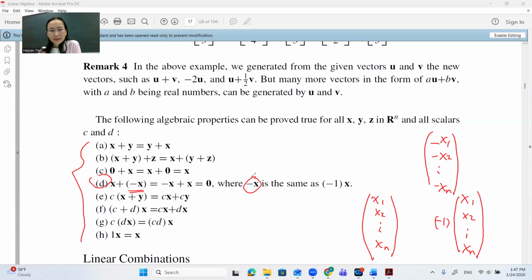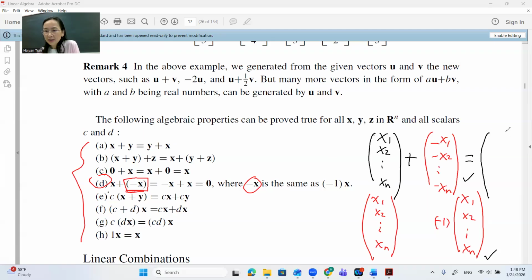Right now I try to show what is exactly the negative x. Negative x, as you can see, is the same as -1 times x, which is this. And then x, let's copy the x. So x plus negative x, do I get 0? Yes, if we add corresponding entries, it's x1 plus negative x1, which is 0, x2 plus negative x2, which is 0.